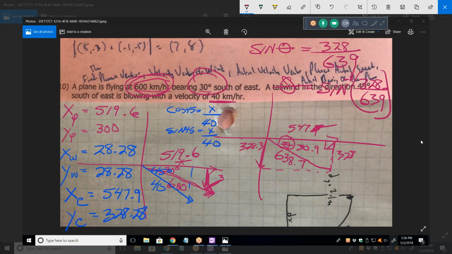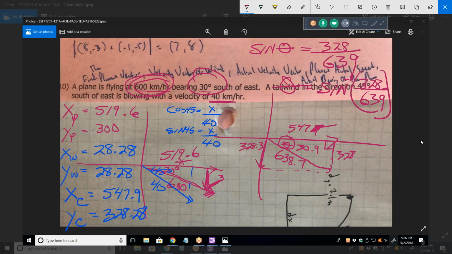Now, I can't quite read this writing. Is that in regards to question 10, or was that in regards to the previous question? It just says velocity vector of the wind. It's for 10. Did we answer everything we need to on 10? No. There's 10A through E. What's the rest?